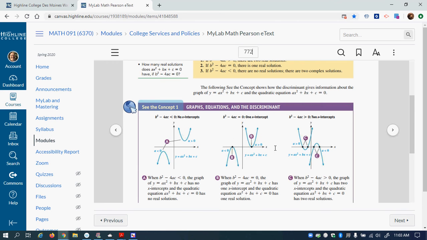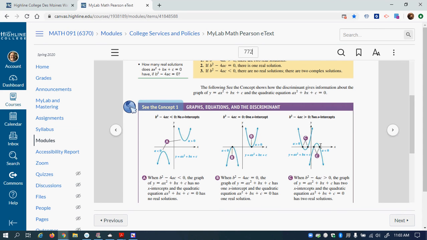The same thing goes for the next case. We get one x-intercept because the parabola just touches the x-axis at one point, and so that's why you get one solution. And then when you have a positive, which is greater than 0, then you're going to get two x-intercepts. So here are the two different pictures of what that would look like.